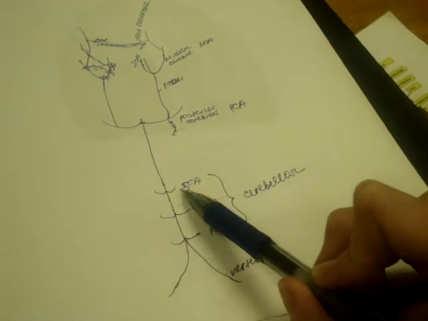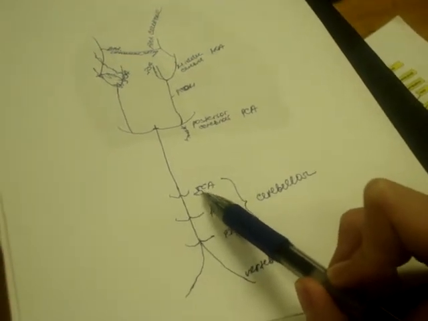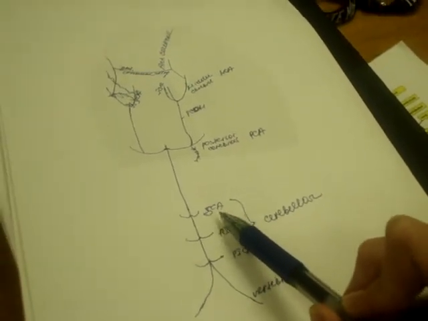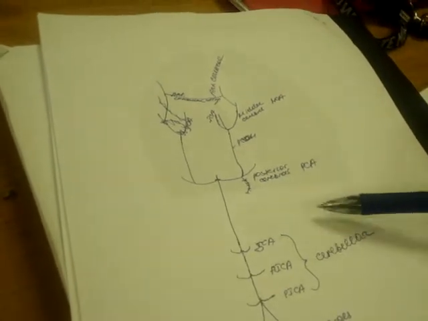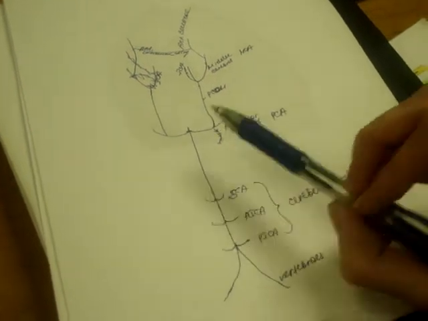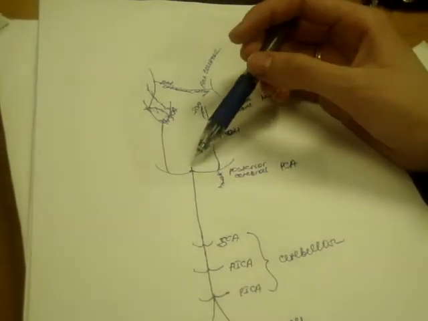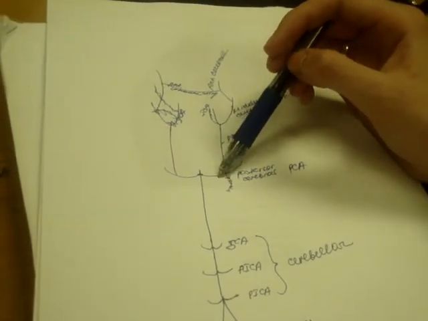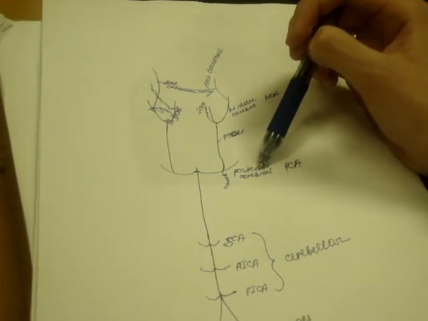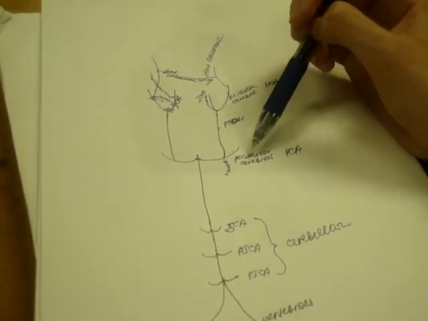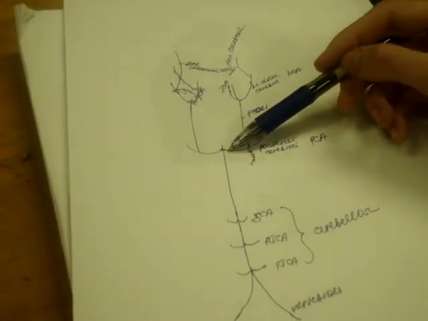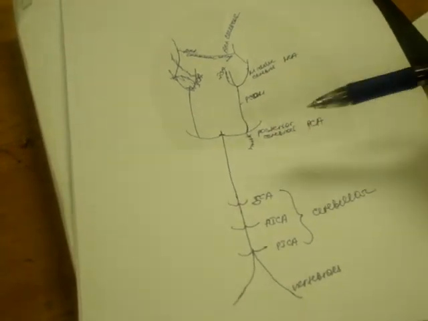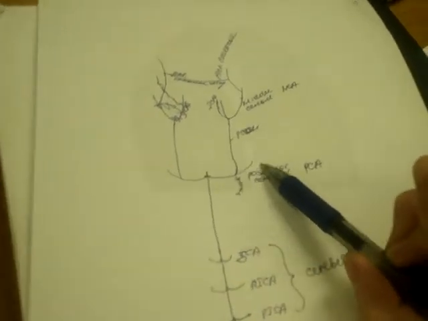Then it goes up and it gives SCA, which is superior cerebellar artery. Then it goes up, so there are 3 cerebellar arteries. Then the basilar artery gives off posterior cerebral artery. I'm sorry, posterior cerebral, because this was cerebellar, this is cerebral. So there's 3 cerebellar and 3 cerebral. So this is posterior cerebral.